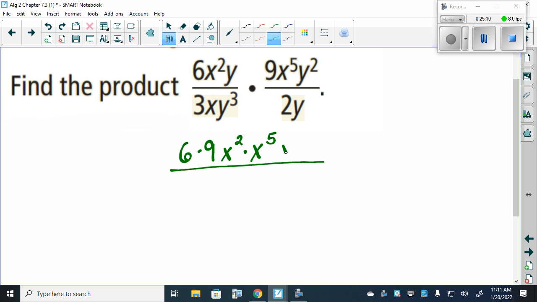And then we would have our y times y squared. On bottom, we'll have our 3 times 2. Well, again, we just have one x. And then we have y to the 3rd times y. Really, all of these are being multiplied together on top, and all of these are multiplied together on bottom.